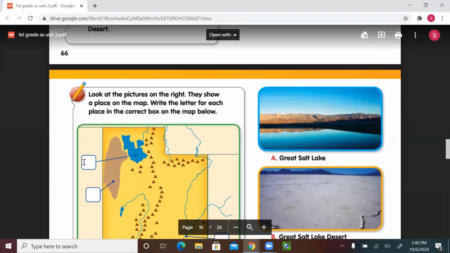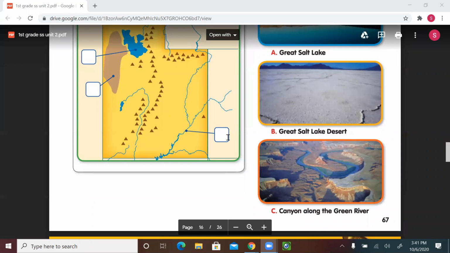So this blue part would be letter A. In the box, I'm just going to put A. So over here, the blue part is A. For the brown part, it's going to be the Great Salt Lake Desert, so I'm going to put B. So this box is B, and what's left for us is over here, the canyon along the Green River.